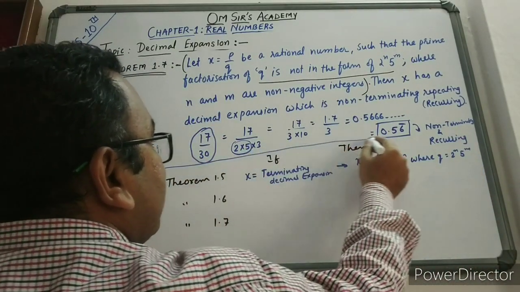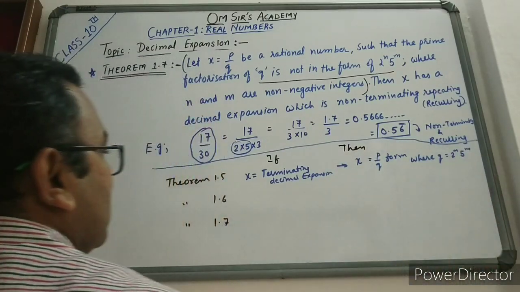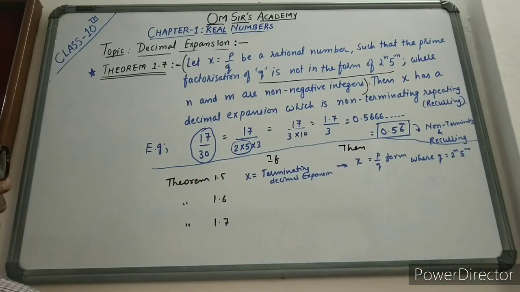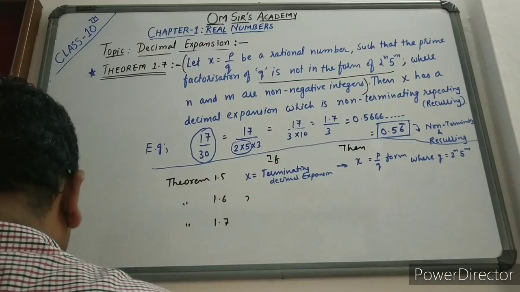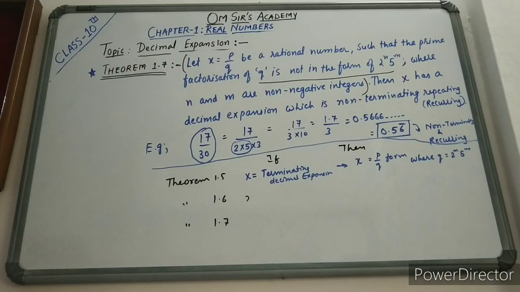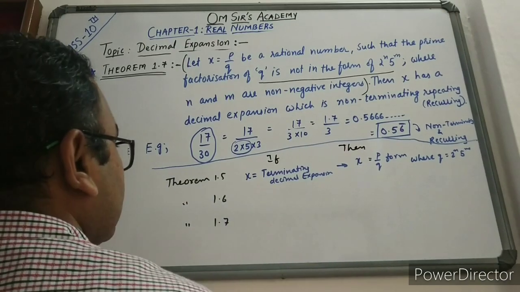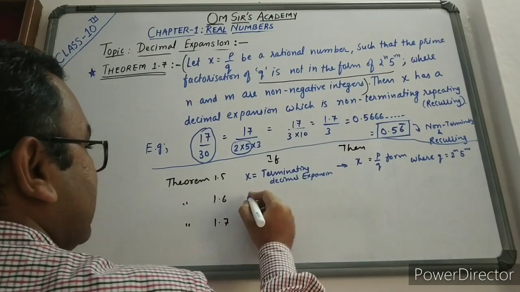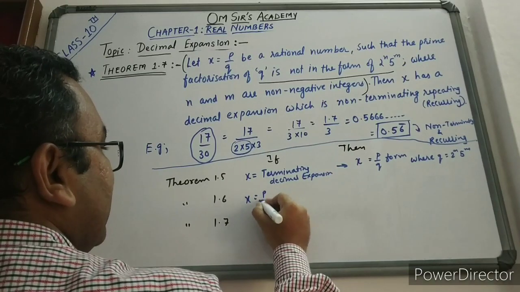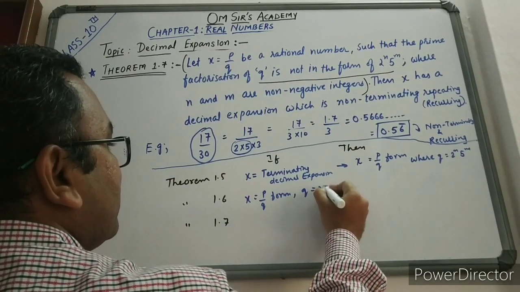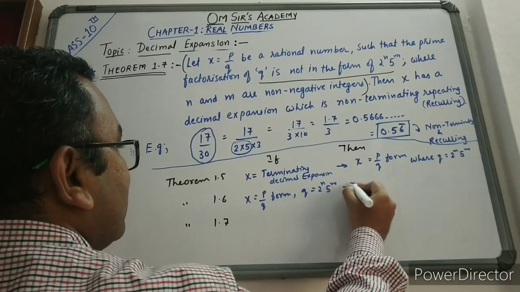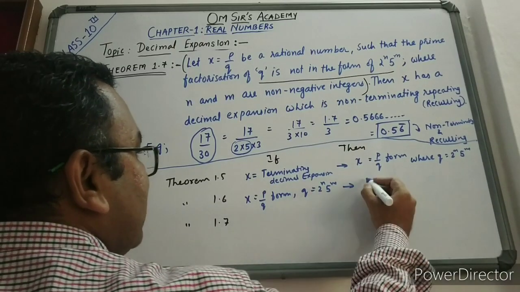This is just for your information, friends. Now what did theorem 1.6 say? The same thing was given here, that suppose x is equal to p by q form, where the value of q is given as 2 raised to n and 5 raised to m, then x will have what?